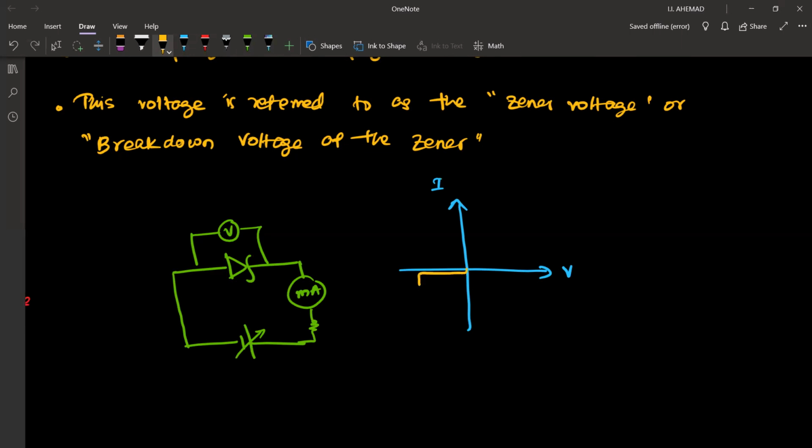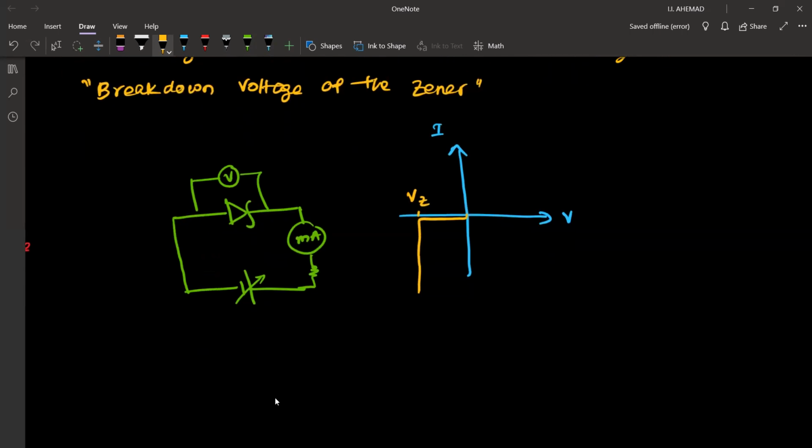Therefore, there is no current and suddenly current increases. This voltage we call the Zener voltage, VZ. Okay, done up to this.